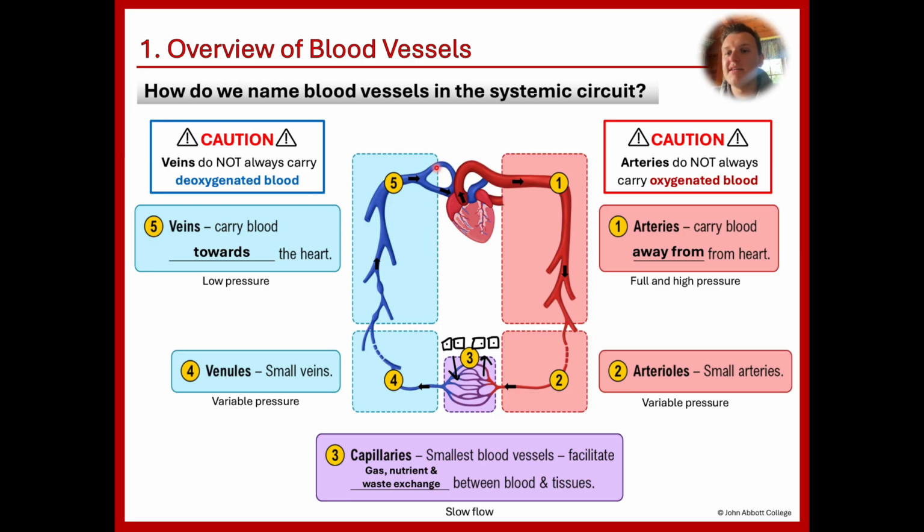I like to think of this like a garden hose too. You turn the tap on, and water rushes out of the tap and pushes through and goes out of the hose. Now, I want to talk about pressure. Where is pressure the highest in all of this?